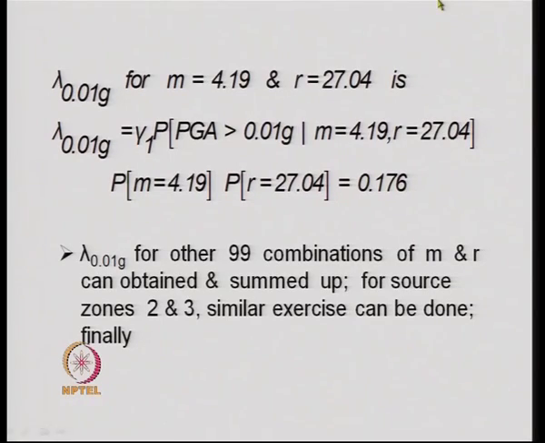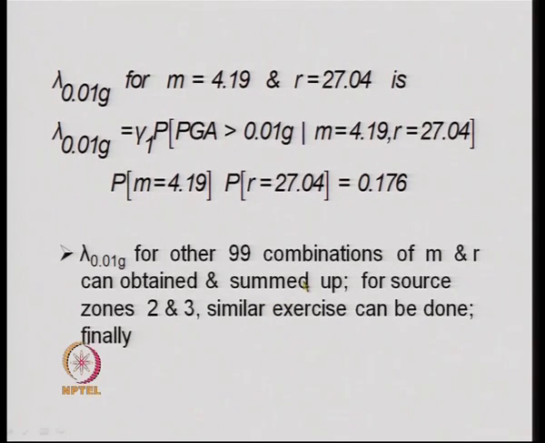We have 10 intervals of magnitude and 10 intervals of epicentral distance, so we have a total of 100 such combinations. Out of that we have just taken only one. So, lambda 0.01 g for the other 99 combinations of M and R can be obtained for source 1, and they can be summed up.